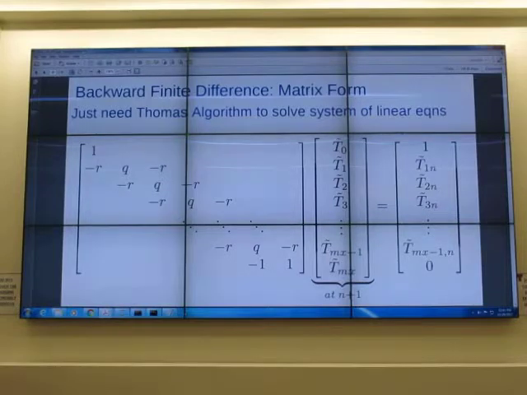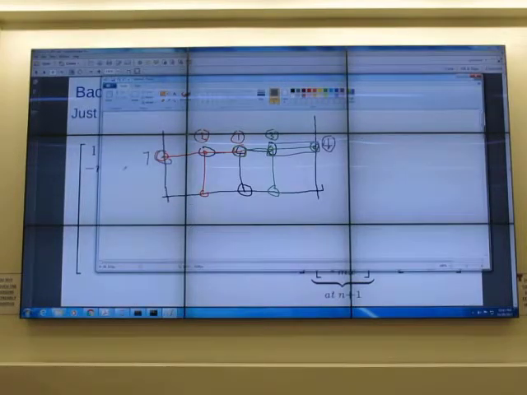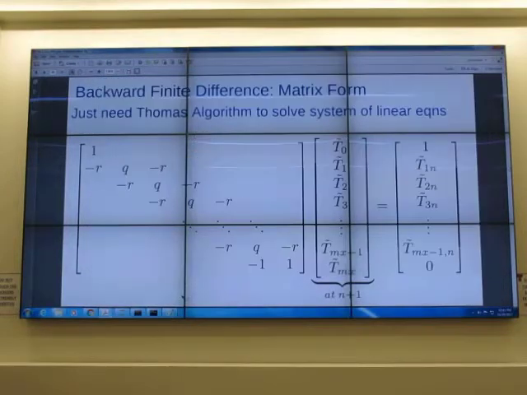This depends on how many times we want to progress in time, right? If we want just one snapshot in time, we do 1 Thomas algorithm. If we want the next one, I do another Thomas. If I want the next one, I do another Thomas. That may be the fastest.